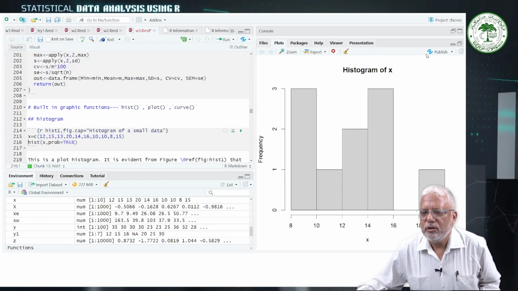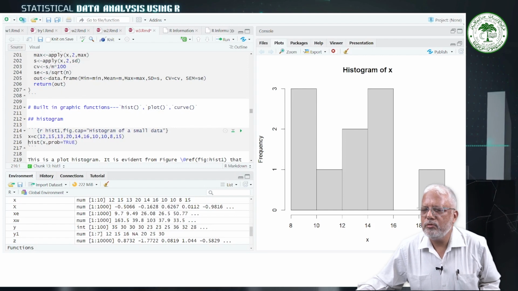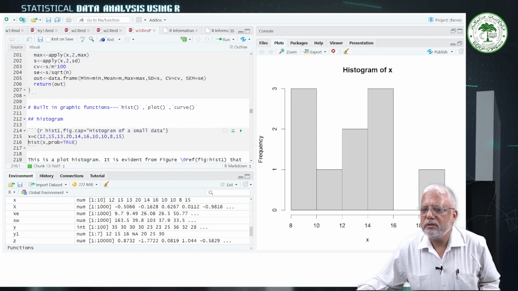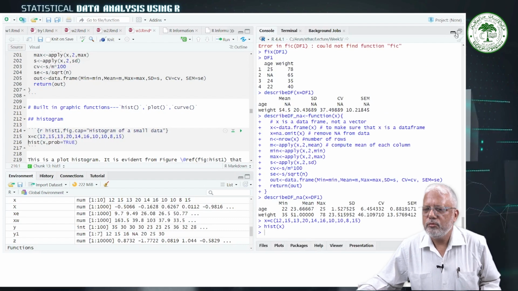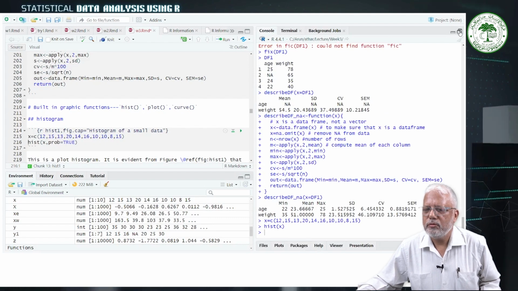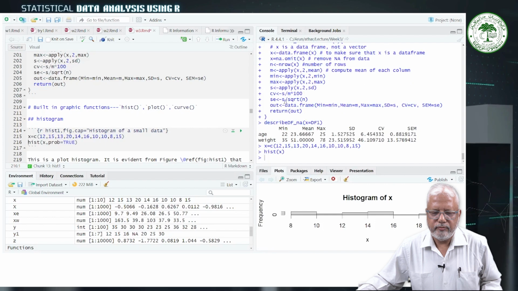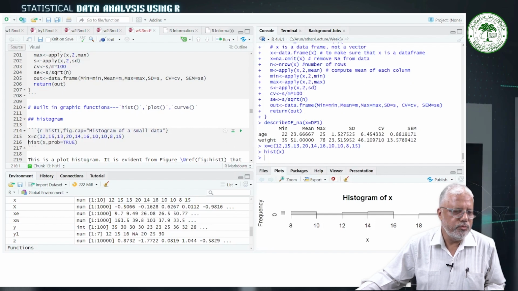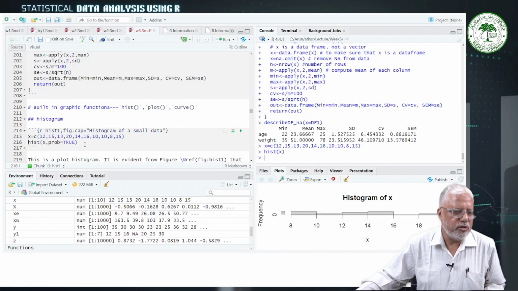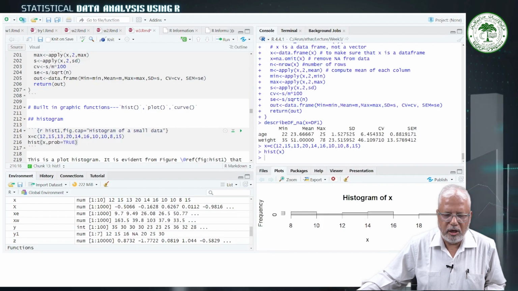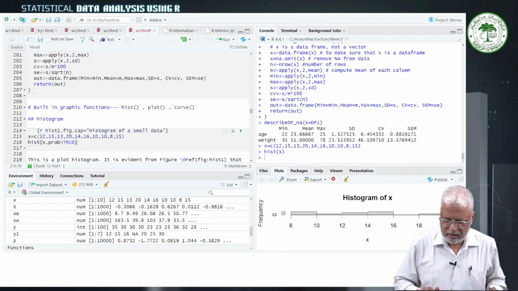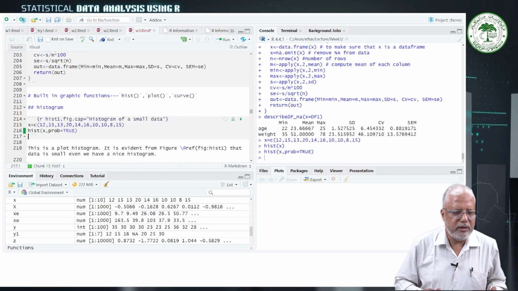So what do we do to get the density estimates? You have to write prob equal to TRUE. Prob equal to TRUE means on the y-axis it will return probability density estimates.